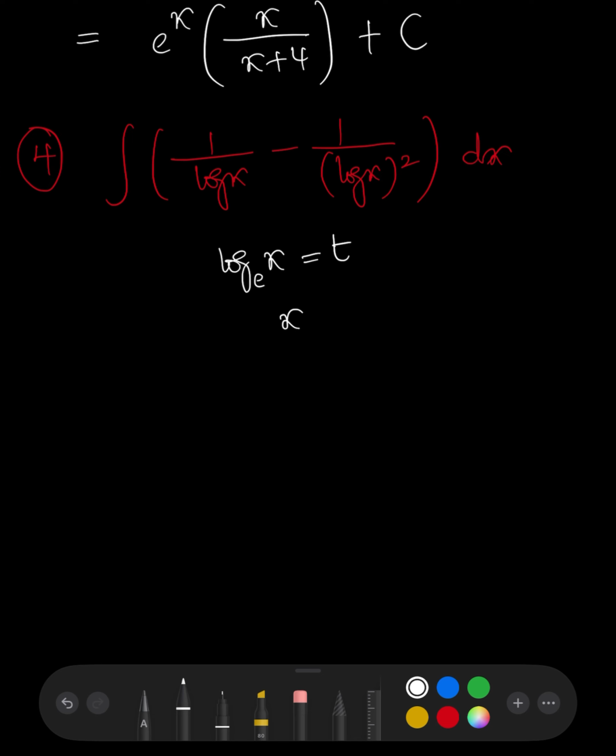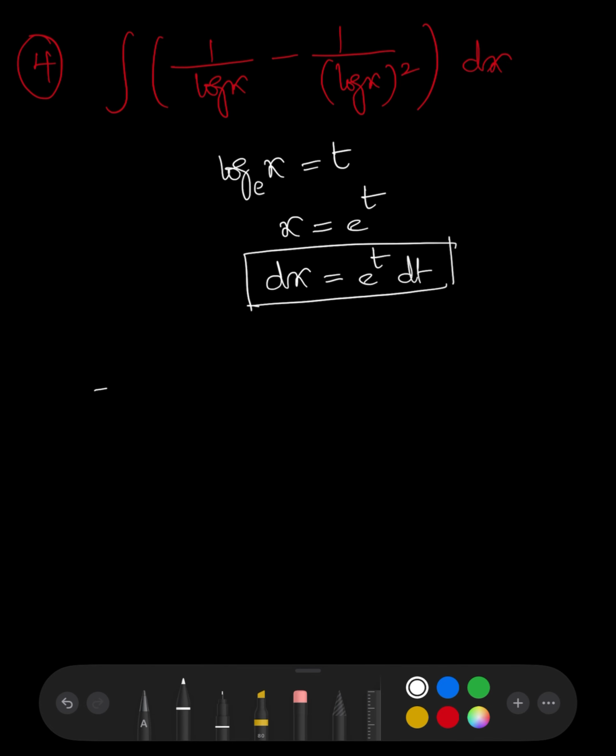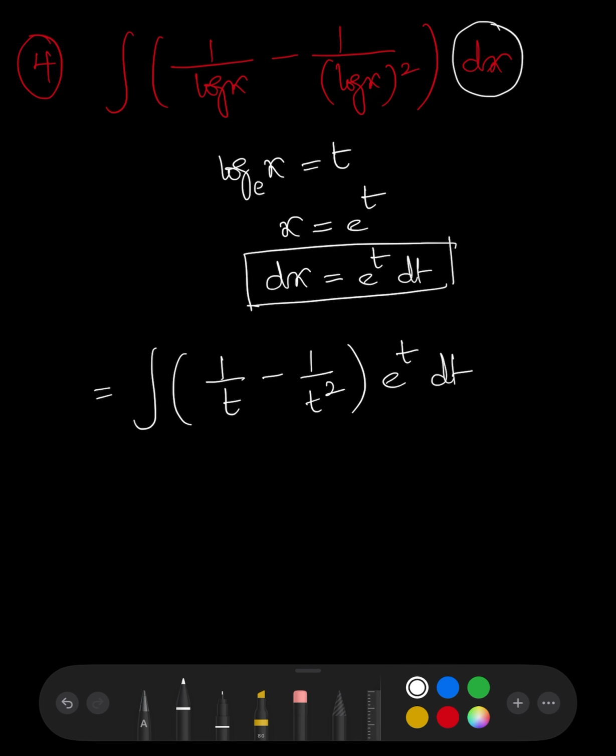We can say x equals e power t, and the differentiation here is dx equal to e power t into dt, right? So now the integral is e power t dt times 1 by t minus 1 by t square.